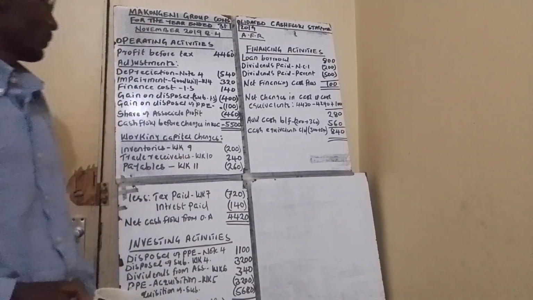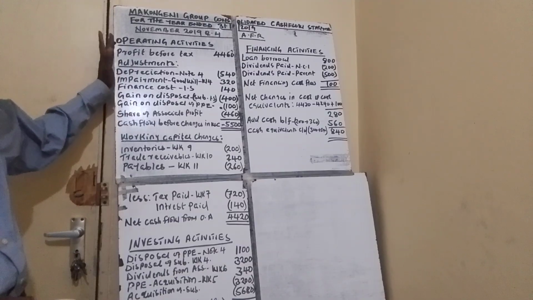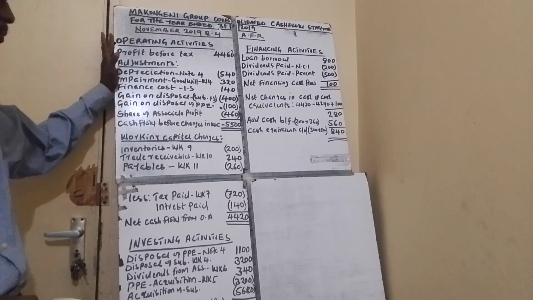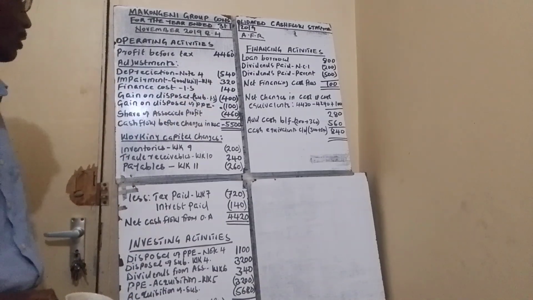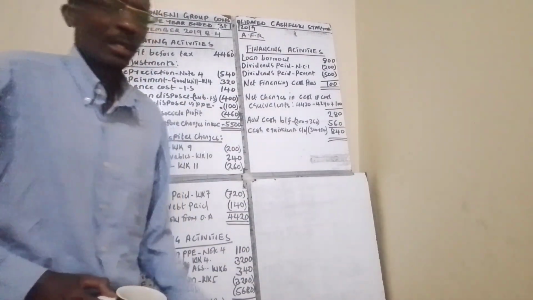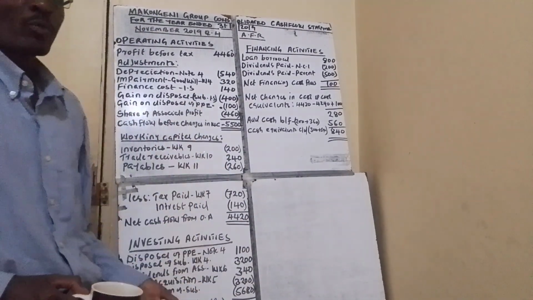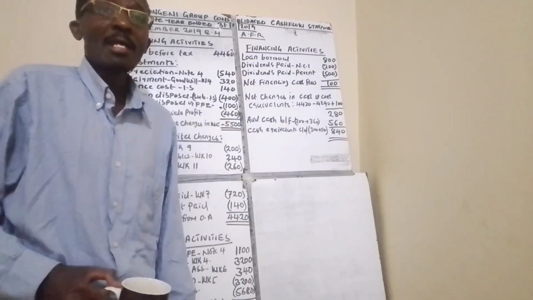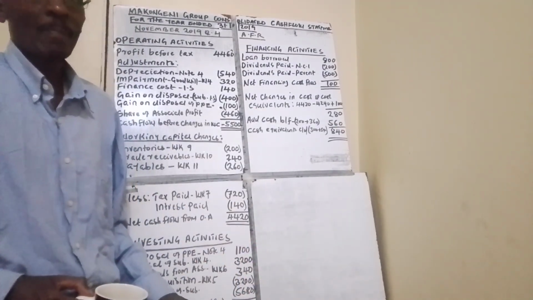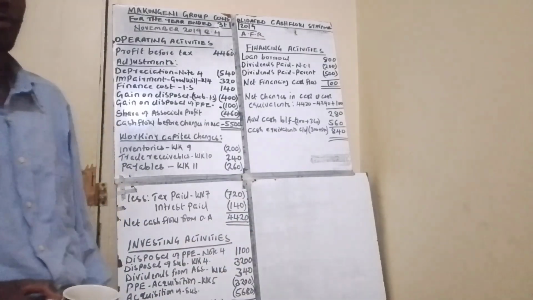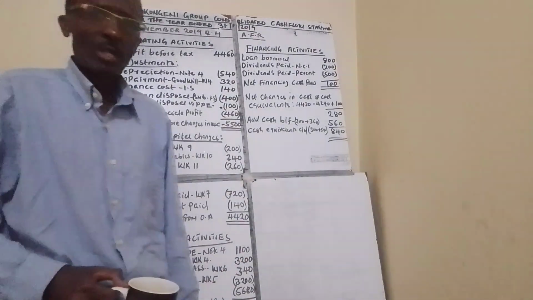So as I told you, when preparing the cash flow statements, the first thing that you do is to get your profit before tax, and to that profit before tax, you add back any expense which was deducted but did not involve actual cash movement.